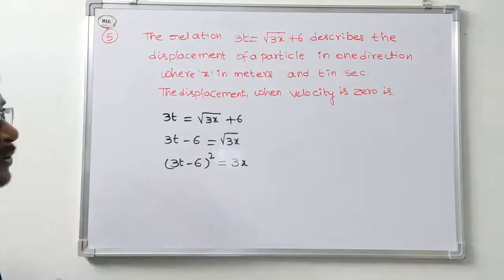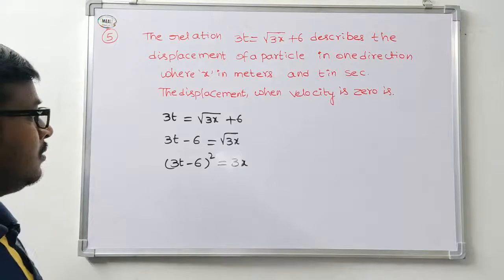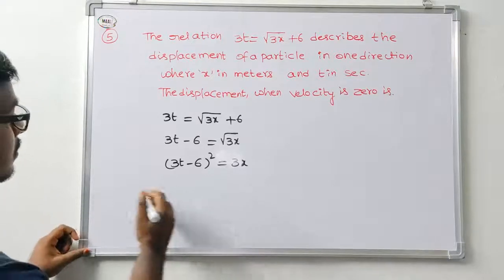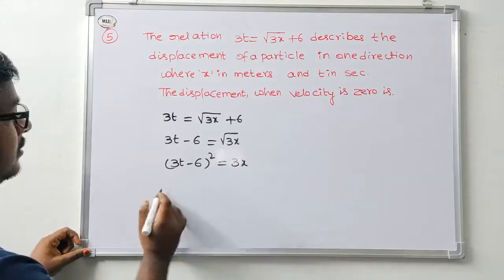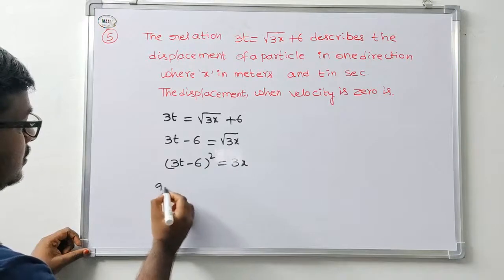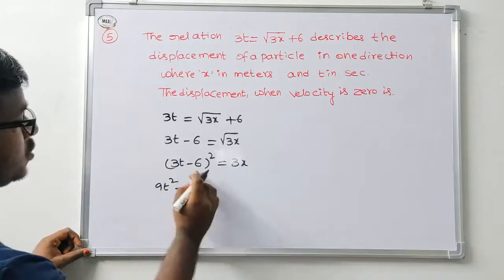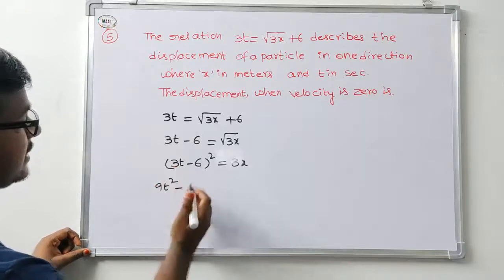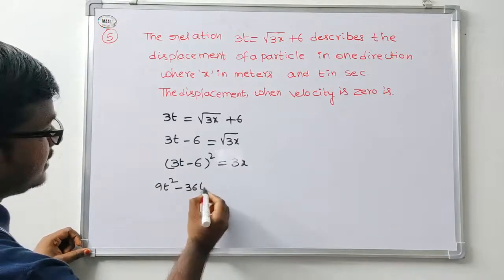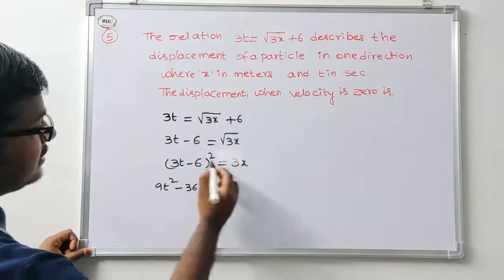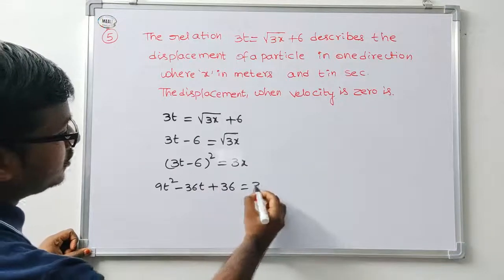Using a minus b whole square, a square plus b square minus 2ab: 3t squared gives 9t square, minus 2 into 3 into 6, that is 36t, plus 6 square, 36, is equal to 3x.